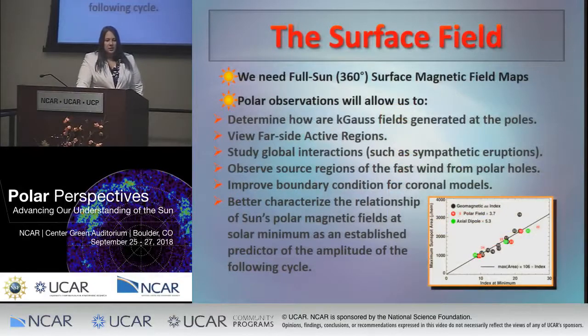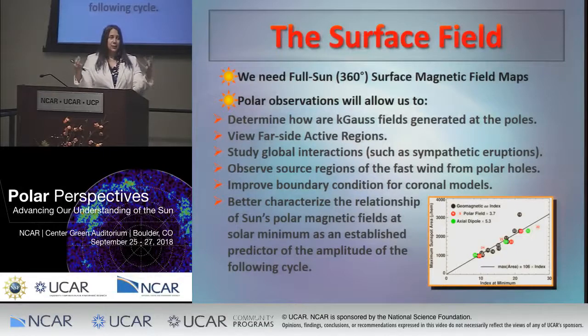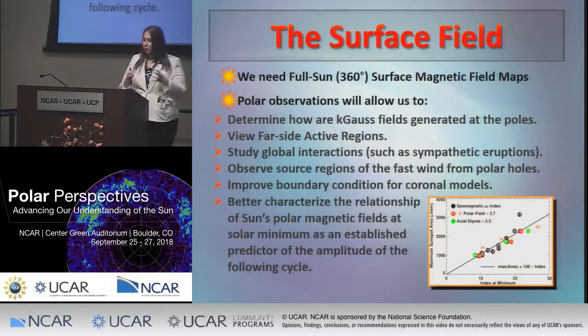Moving on to the surface field, I cannot iterate enough, and I hope you all agree with me, that we really, really need full sun, 360-degree surface magnetic field maps. One of the most profound discoveries about the sun is that the sun is magnetic in nature, and we need observations of this fundamental property for the sun in its entirety.